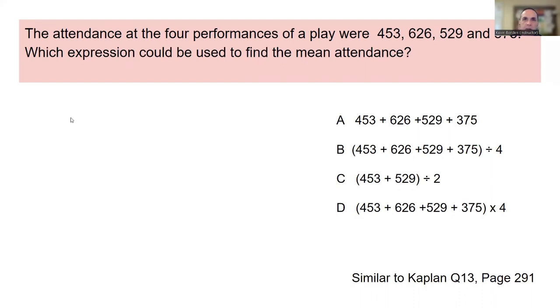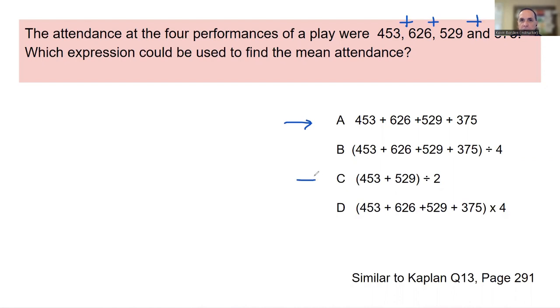All right, continuing. So to find the average, we add up all the numbers. So we're going to add these 4 numbers, and then we're going to divide by 4 because there's 4 numbers. Which of these answers does that? This one's just adding them up.